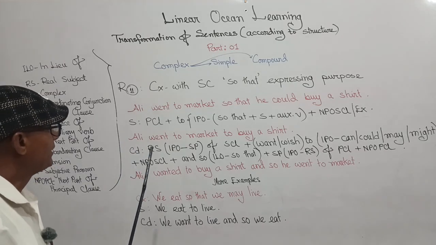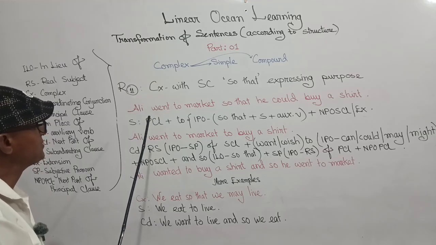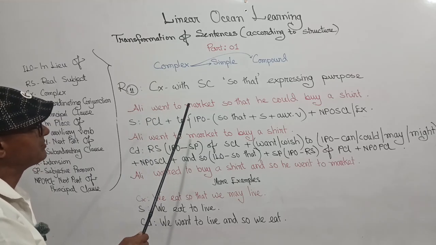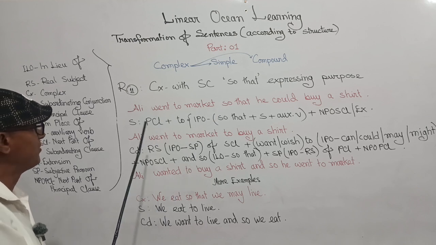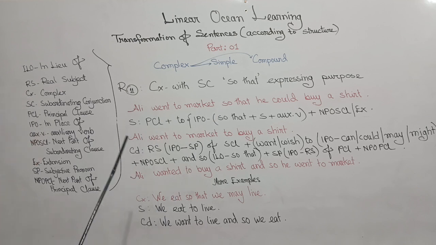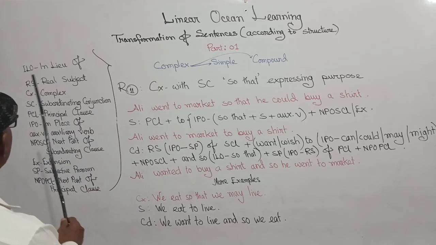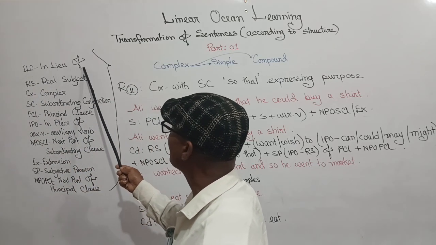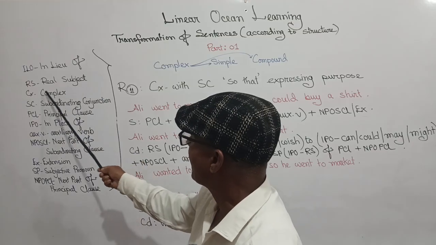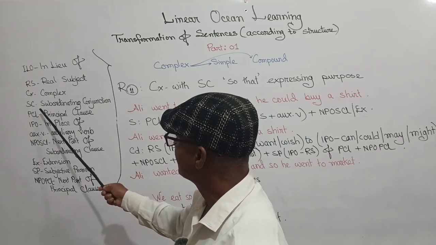Viewers, in my structure of transforming complex sentences with the subordinating conjunction "so that" expressing purpose, I have used some abbreviations and their elaborations. Let us look at them. ILO means in lieu of, that is, instead of. RS means real subject. CX means complex.